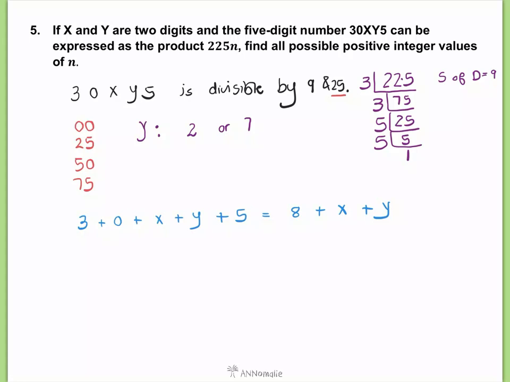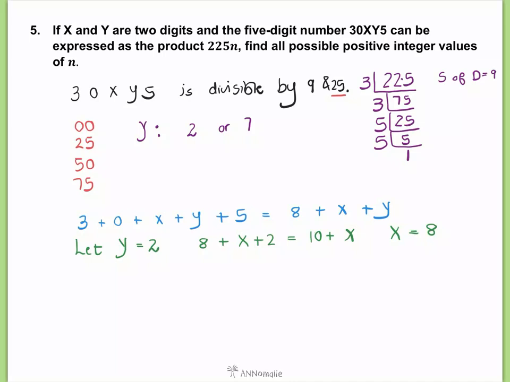So if we now let y equal 2, we find that we've got 8 plus x plus 2, which is 10 plus x. Therefore, x must equal 8 in order for the sum of the digits to be a multiple of 9.